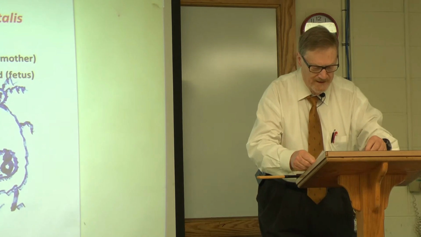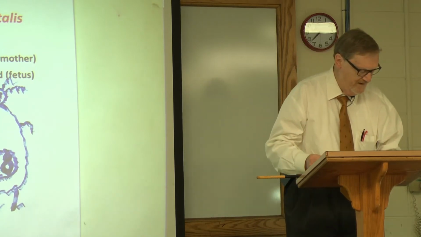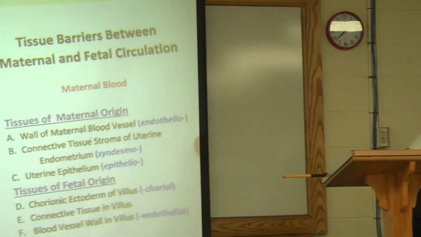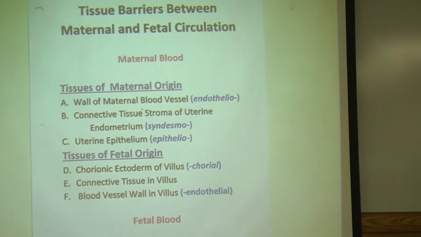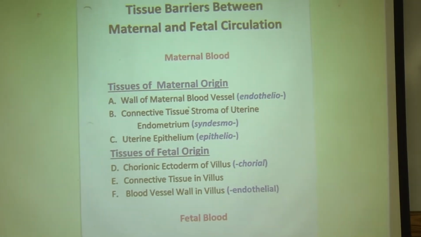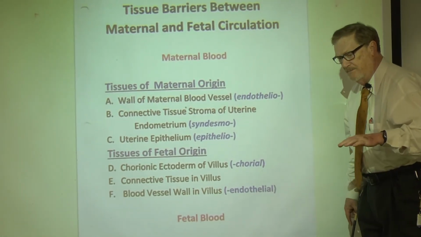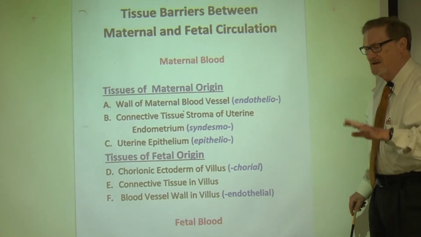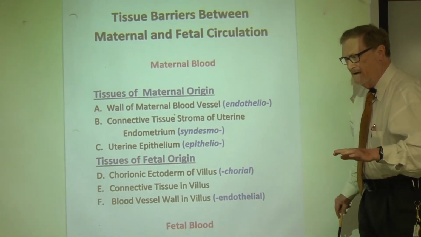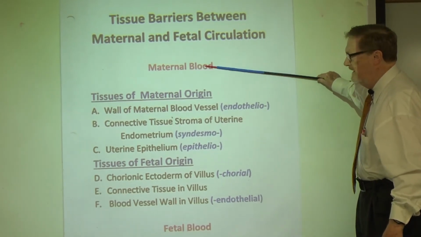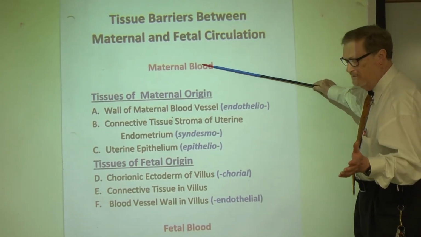We want to talk about the tissues that are found in a placenta. And there are at least 5 types of tissues that have various combinations of these tissues that make up the placental barrier. That is, here's maternal blood found in a mother's blood vessel inside her uterus.